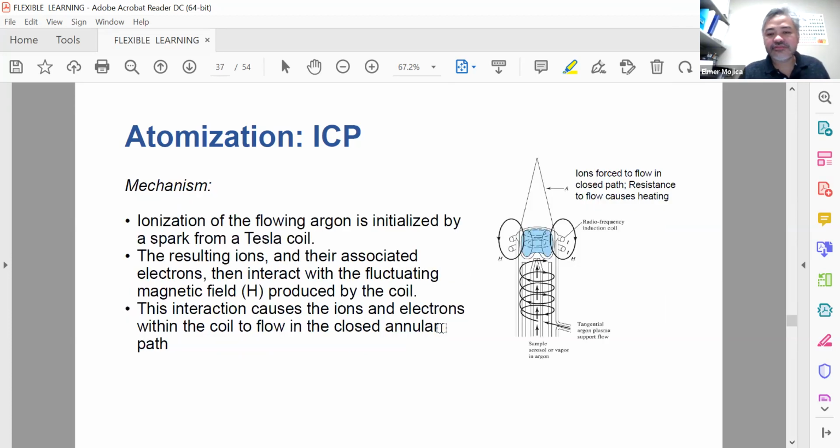Now, looking at the mechanism, the ionization of the flowing argon is initiated by a spark from a Tesla coil. The resulting ions and their associated electrons then interact with the fluctuating magnetic field produced by the coil. This interaction causes the ions and the electrons within the coil to flow in a closed annular path.